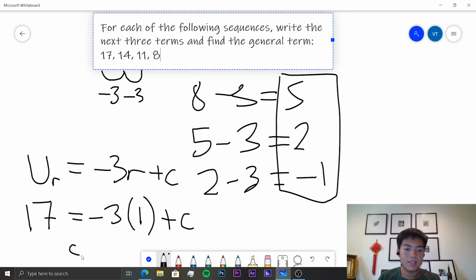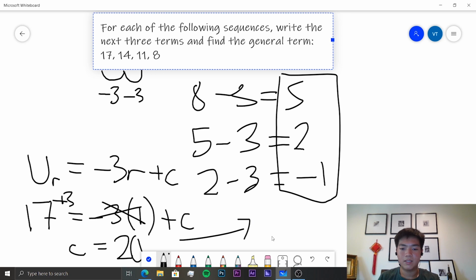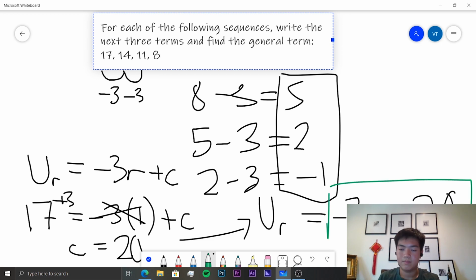And so we know c must equal 20 if we add 3 to both sides. So 17 plus 3 is equal to 20. So our general term must be ur is equal to negative 3r plus 20. And that is our general term.